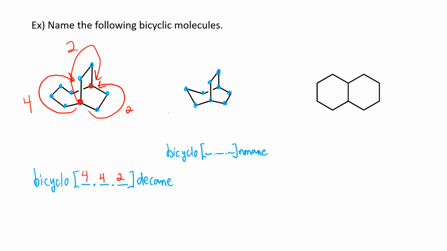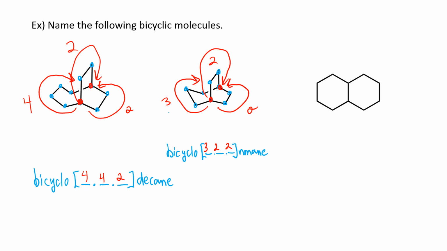Now let's count the carbons in between each of the bridgehead paths because we have 3 paths that we have to consider. That one's got 2, that one's got 3, and that one's got 2. Just list them in descending order, 3, 2, 2. So we have bicyclo[3.2.2]nonane.